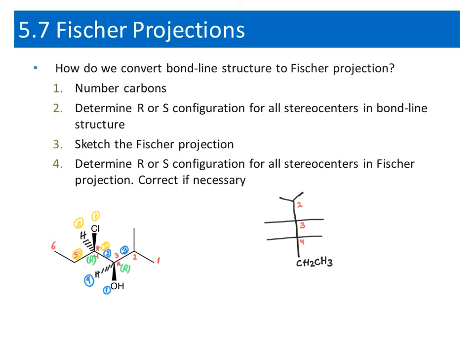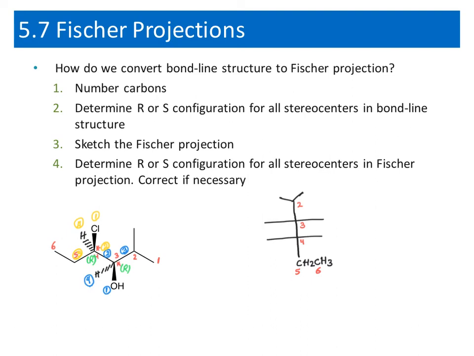So this is carbon number 5 and 6. Now, similar to the conversion of Fischer projection to bond line structure, we can randomly put the groups on each chirality center and figure out the configuration. If they have the same configuration, the structure is correct. If not, we need to switch the groups.